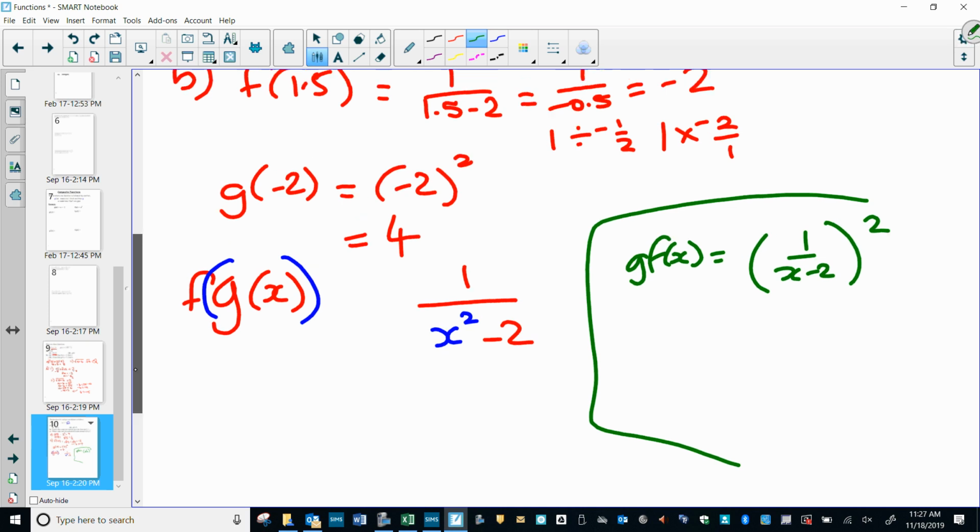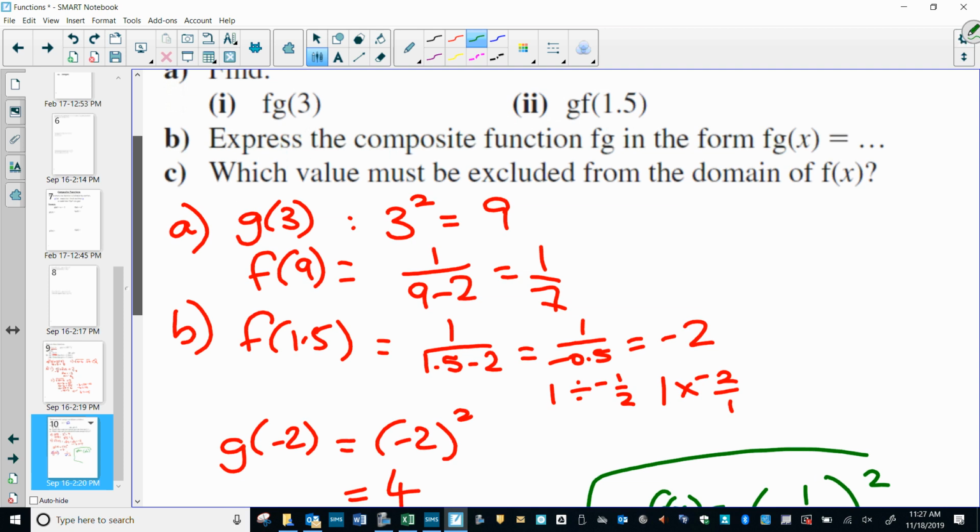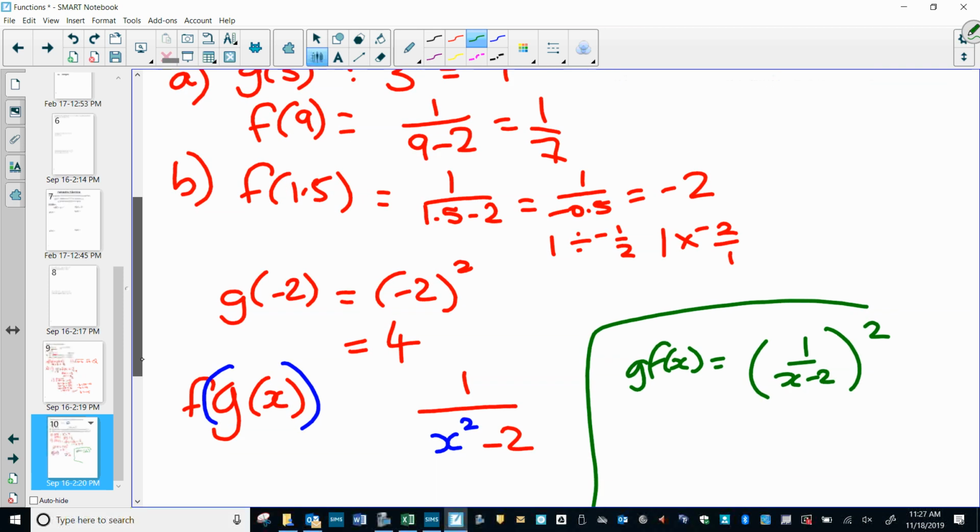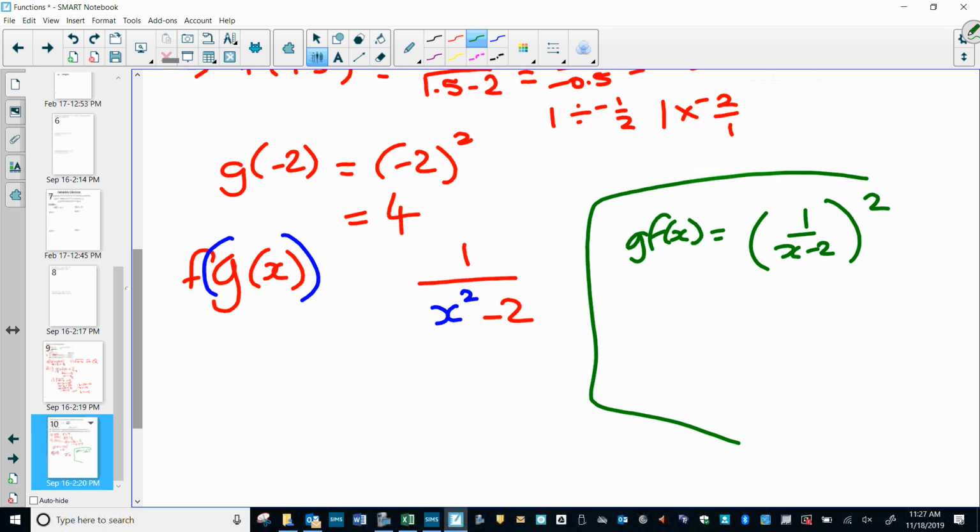Now, what's the next question? Which value must be excluded from the domain? Oh, right. So this is going back to domain and range. Do you remember the situation? When we've got fractions involved, what do we have to be careful of? Just the denominator. Now, what's special about the denominator?